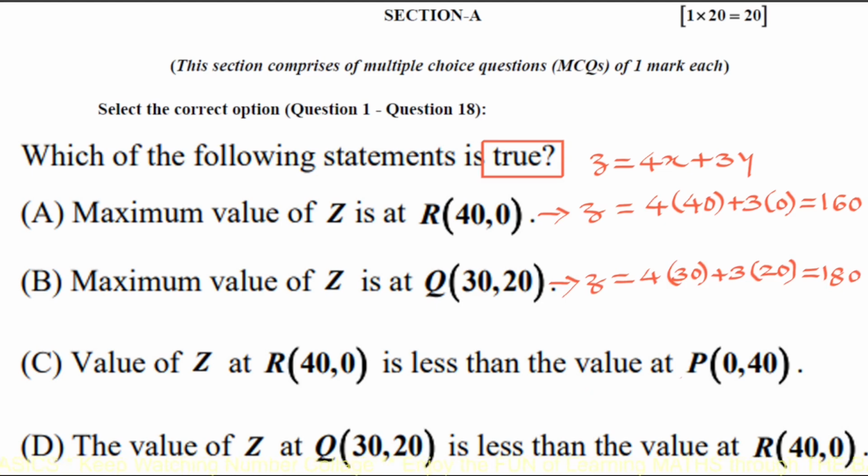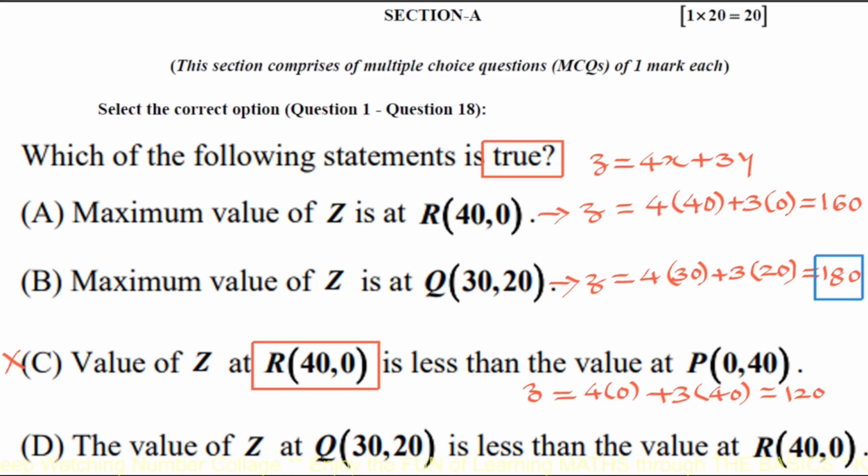Value of z at P 0, 40 will be 120, which is smaller than the value of z at R 40, 0, which is false. So option C is false. In option D, the value of z at Q 30, 20, which is 180 here, is less than the value at R 40, 0, which is 160, which again is a false statement.